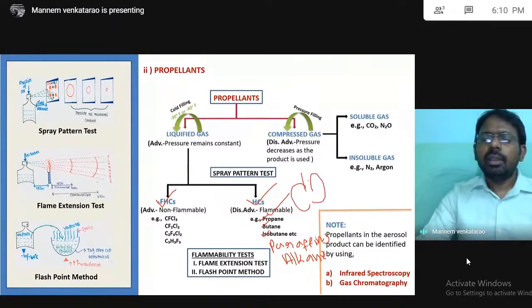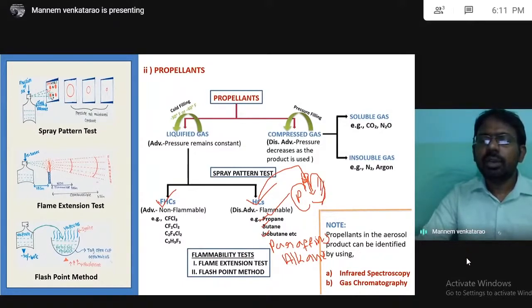The lungs have more pressure because they exhale air. Now you inhale the hydrocarbons. What happens here? There is high pressure. Due to the high pressure, the hydrocarbons will give a burning sensation, causing irritation to the membrane. That's why hydrocarbon propellants are never recommended for inhalation purpose.